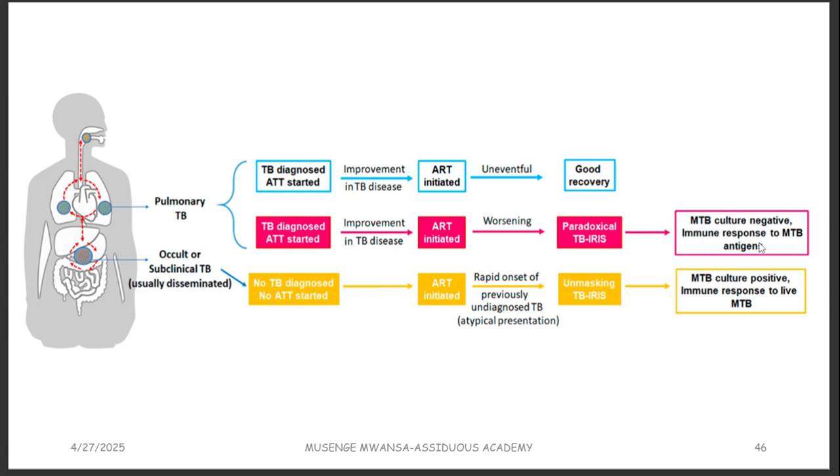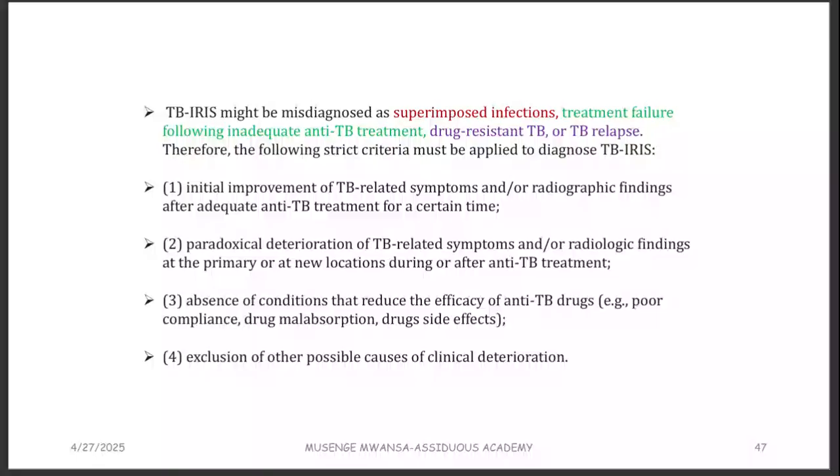Okay. Immune response to MTB, there is actually an immune response to the mycobacterium antigen. For the unmasking, the culture is going to be positive, and then there's also immune response to the live TB.